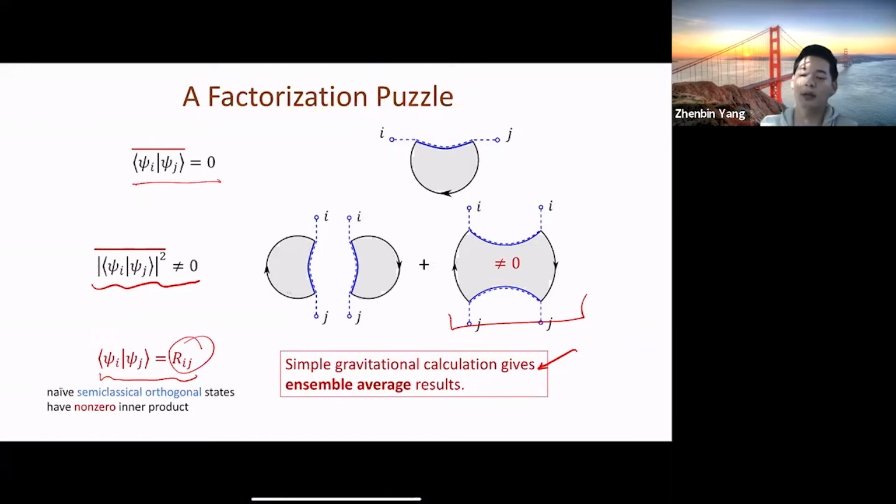We need to look at a more complicated object using the gravitational path integral. In other words, we should look for results that self-average, and then we can trust the gravitational path integral.